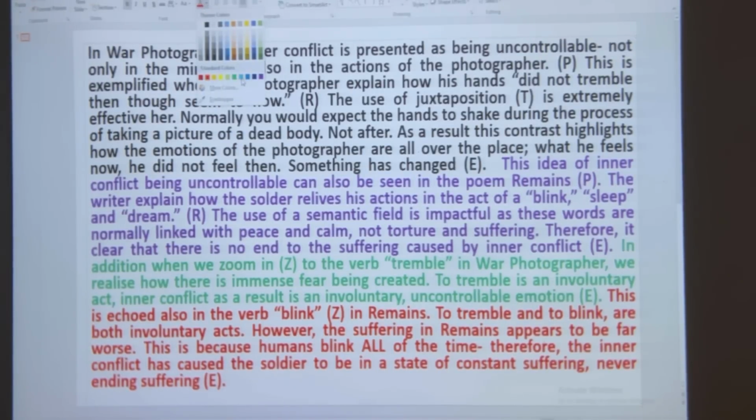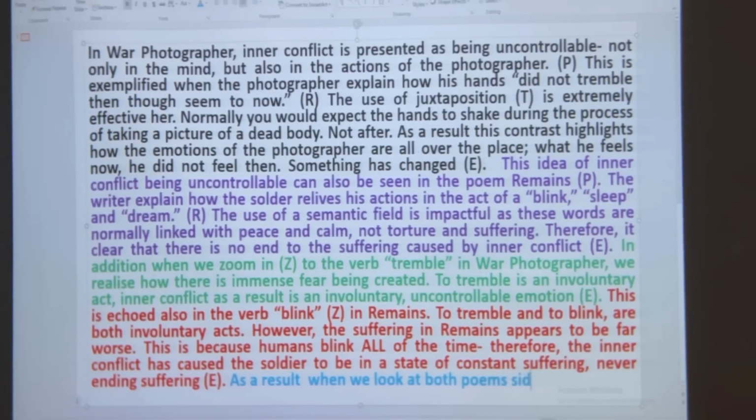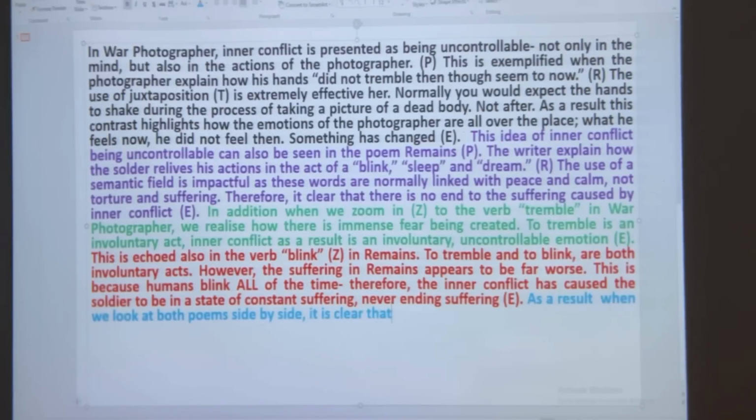Let's link everything back together. As a result, when we look at both poems side by side, it's clear that both present inner conflict as being uncontrollable.